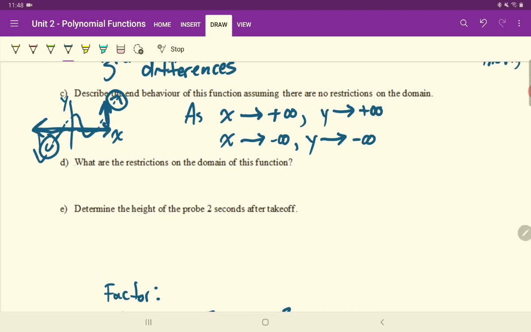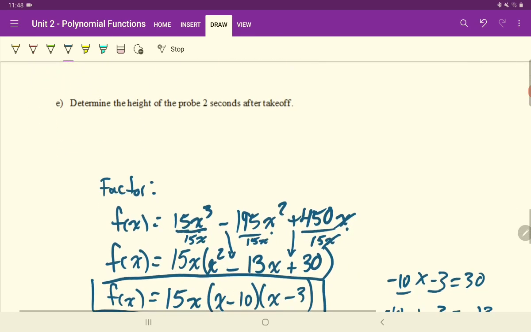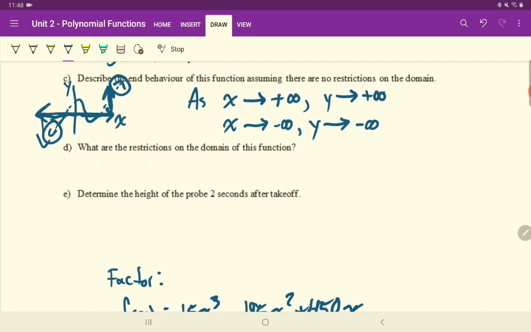So we are now going to be able to draw a quick sketch here of what's going on. So here's our equation in factored form. Which means that there are 3 intercepts, at x equals 0, x equals 10, and x equals 3.